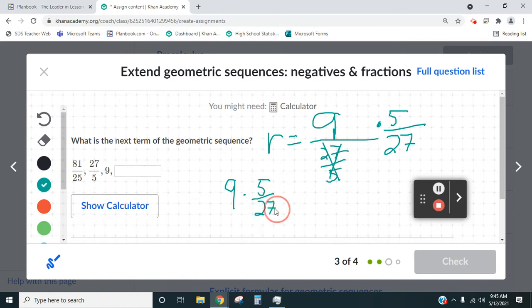A week ago. 9, 27. You can cancel diagonally, right? What's 9 over 27 reduced to? 1/3. So now this says 1 times 5, which is 5, and then left is a 3.